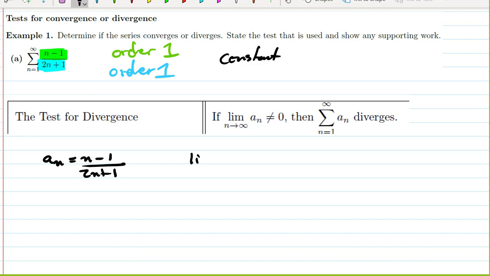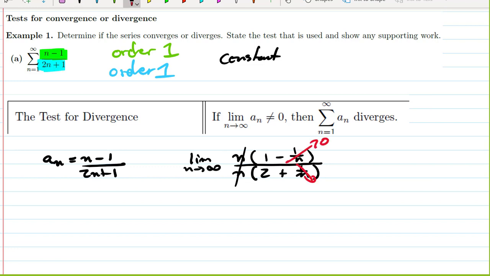So if we take the limit as n goes to infinity of our a sub n, we factor n out of both the numerator and denominator. And that leaves behind 2 plus 1 over n, and our n's reduce out. So if we take the limit now as n goes to infinity, constant over infinity goes to 0, constant over infinity goes to 0.